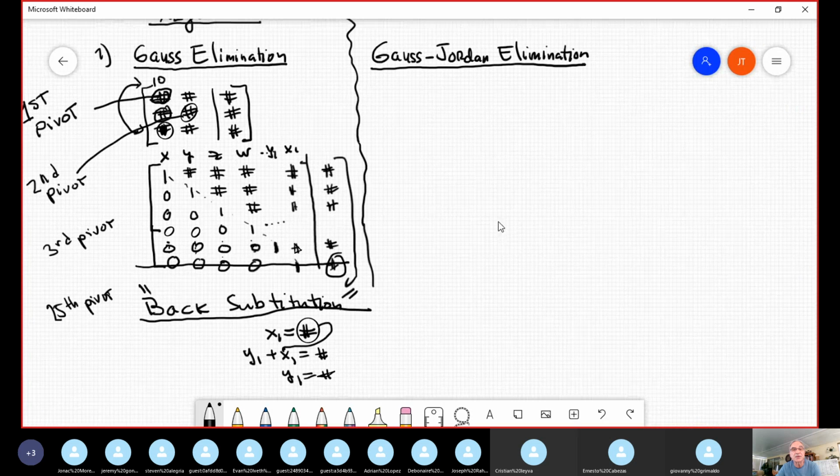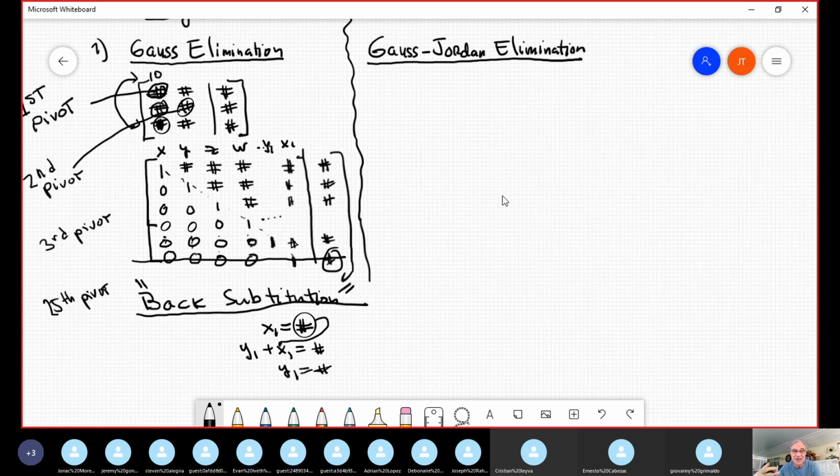Okay, this is Gauss. Gauss discovered this idea. But Jordan brought a new idea to the algorithm. Jordan proposed, well, why not? See, you are doing this direction: 0, 0, 0, pivot here, 0, pivot here, 0, pivot here, 0, and 1 here, right?